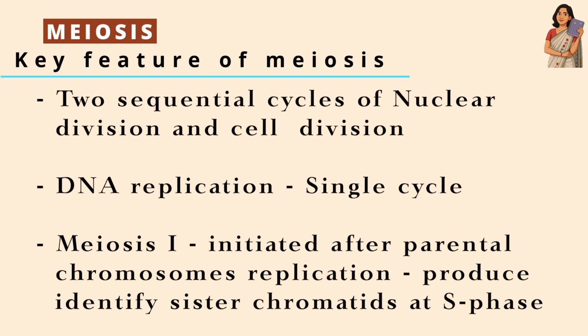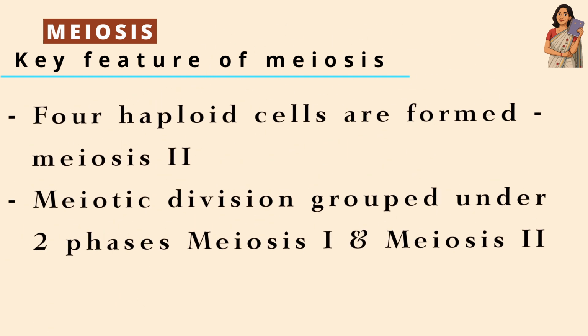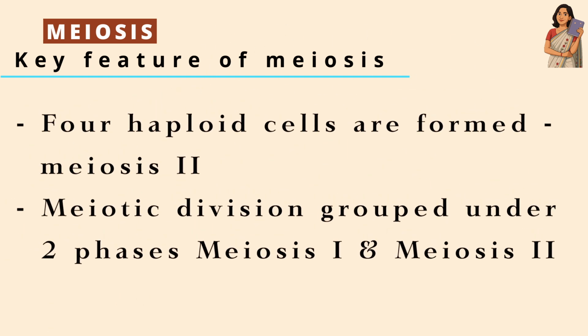This meiosis involves pairing of homologous chromosomes and also recombination between non-sister chromatids. This meiosis will also result in the formation of 4 haploid cells in the end. The whole meiotic division is grouped under two phases, one is meiosis I and another is meiosis II. So now let us study both phases in detail.